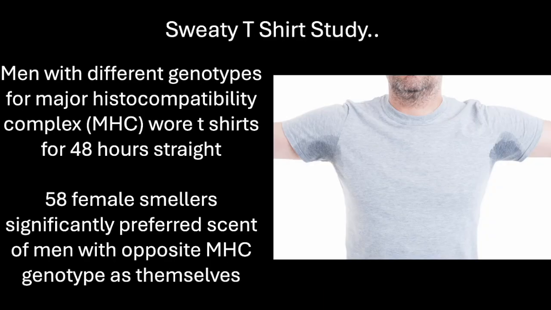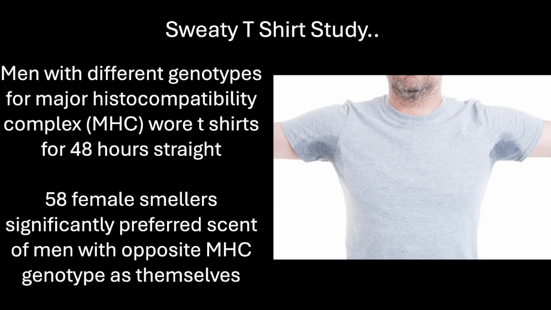And one kind of gross example of this is there was a sweaty t-shirt study done at a college. Men carry different genotypes at this MHC gene, and they had these individuals wear t-shirts for 48 straight hours.